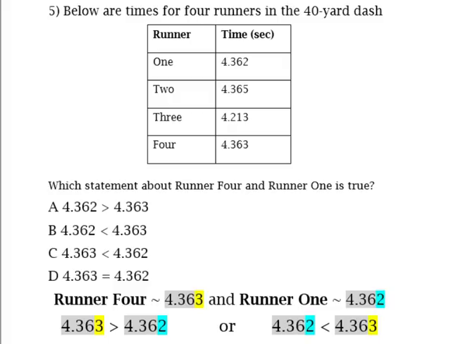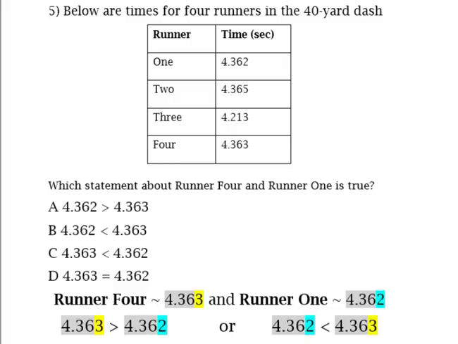And remember, in both of these inequality statements, the mouth of the alligator, or the mouth of the inequality, is opened to the larger number, which is 4.363.